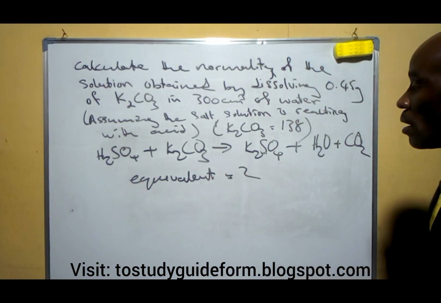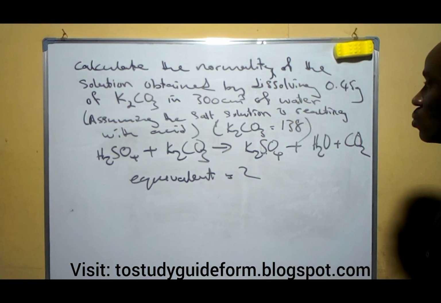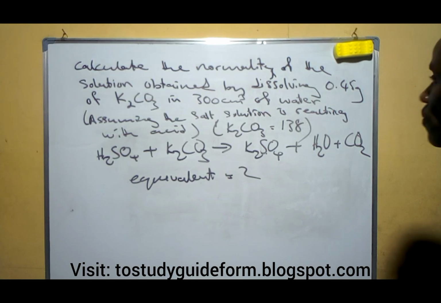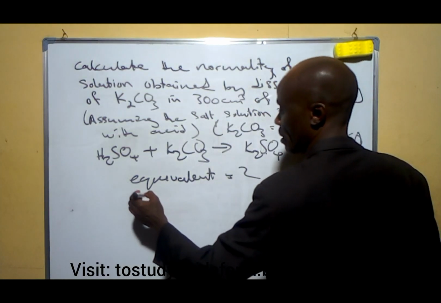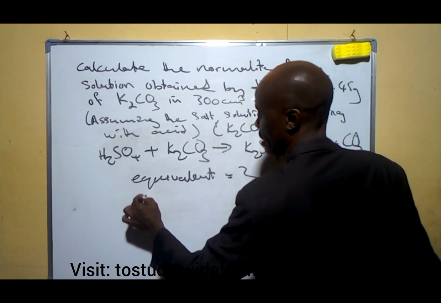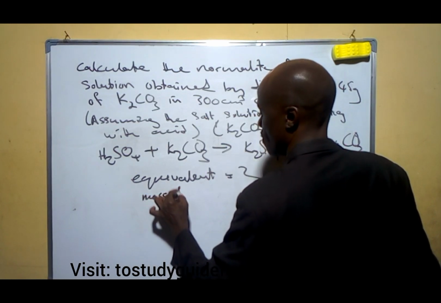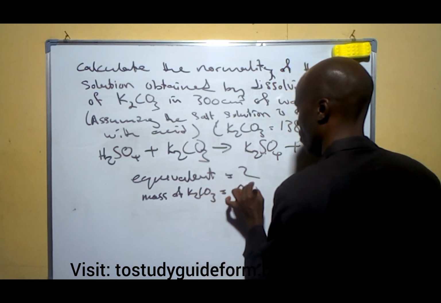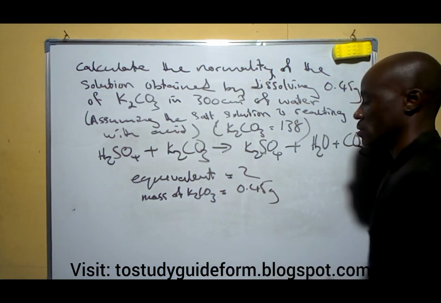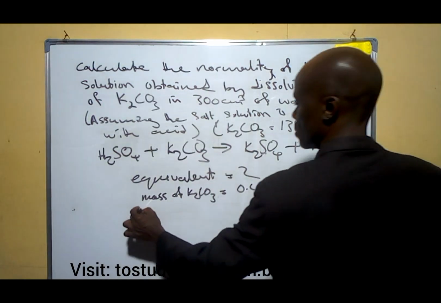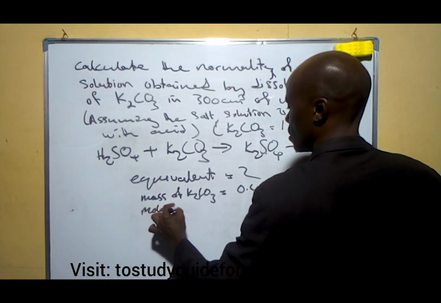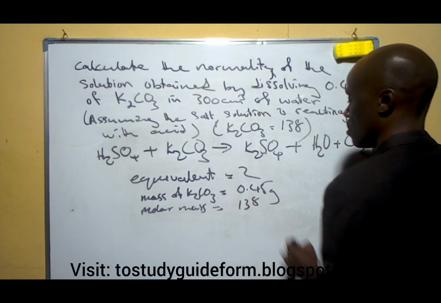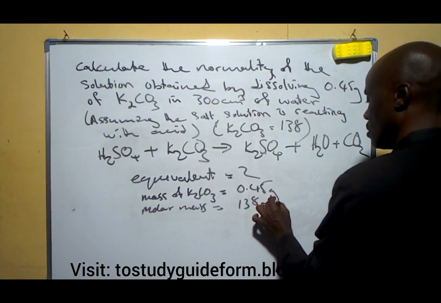Another thing given to us is the mass of potassium carbonate, 0.45 grams. The molar mass is already given.